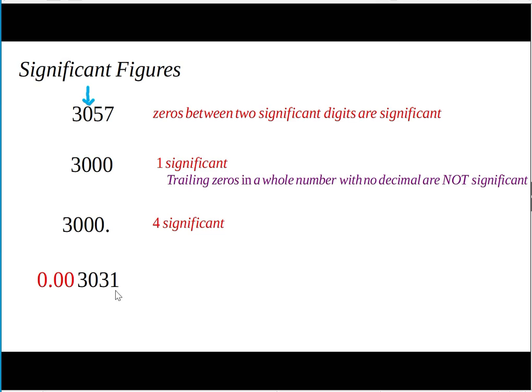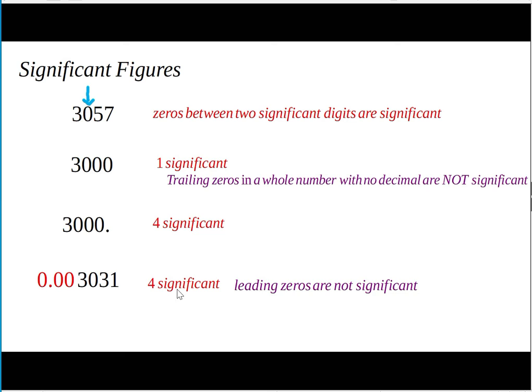Now let's look at this. One thing you have to remember is that leading zeros are not significant. So these zeros are not significant.